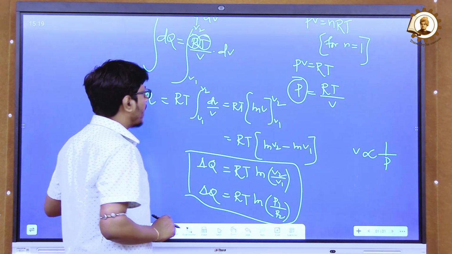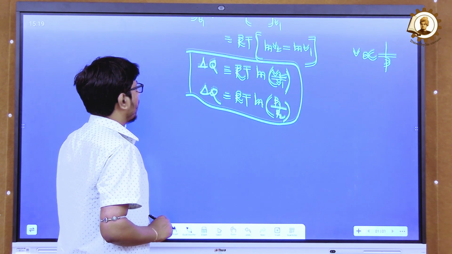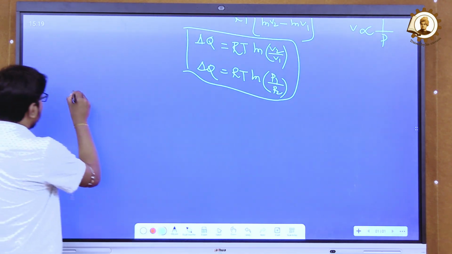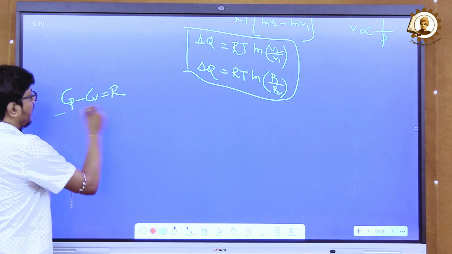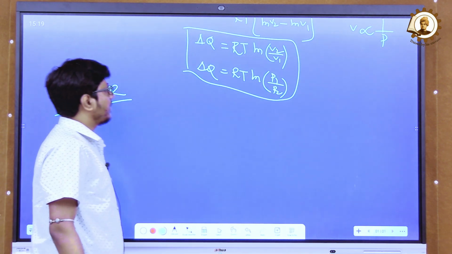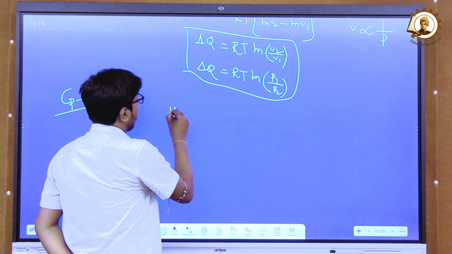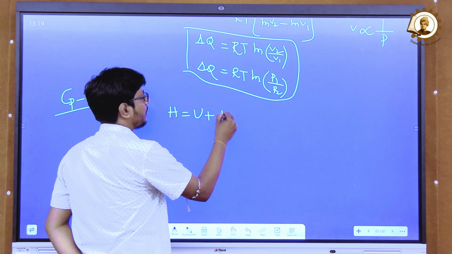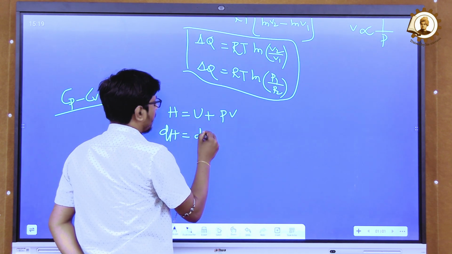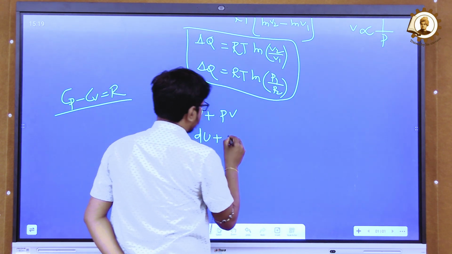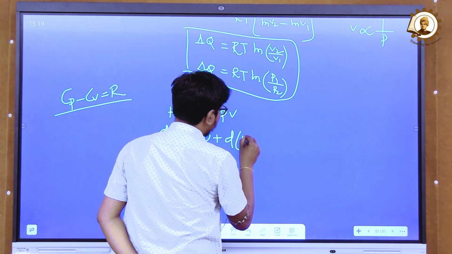Okay. And one important question for marks has come, that is Cp minus Cv is equal to R. Now previously we proved that H is equal to, you know, U plus PV. Okay. So dH equal to dU plus d(PV).